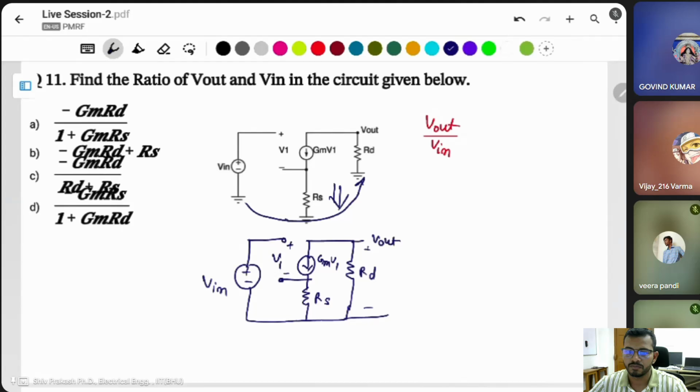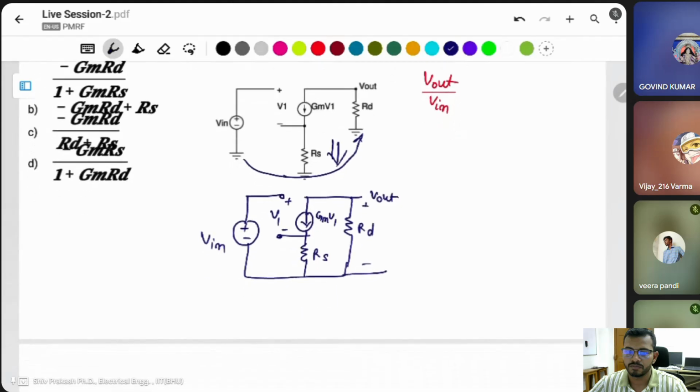This voltage controls this current source. Then by KVL you can apply here. The same current is flowing through this branch also. Then what is the voltage of this one? Current into resistor, so this will be GM V1 into RS.